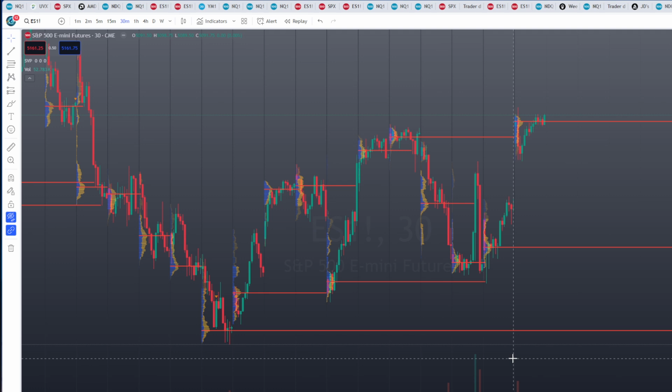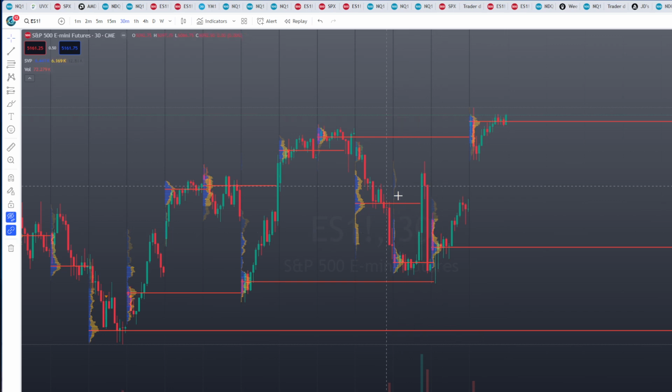So let's take a look at it. 51.15 was somewhere around here, and you can see how that area basically held through the pain that we suffered last week during the ups and downs.